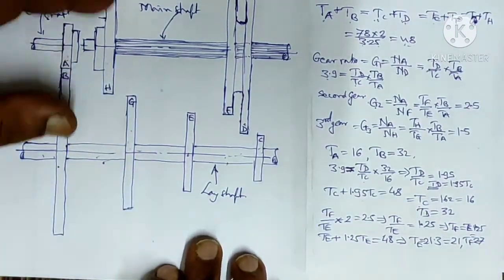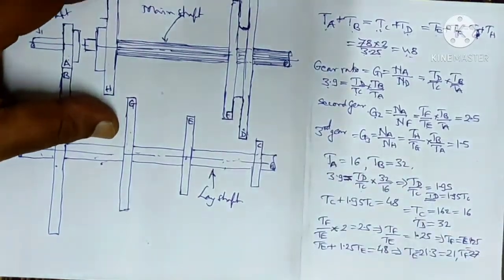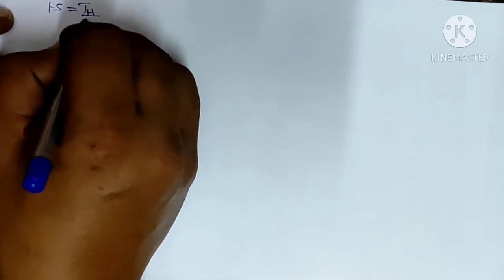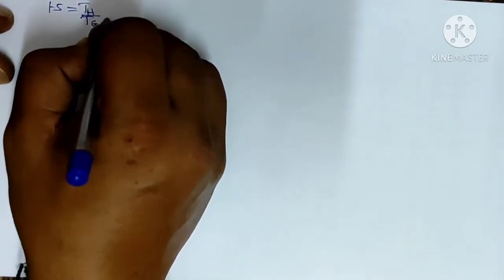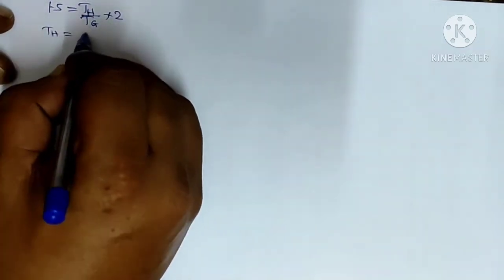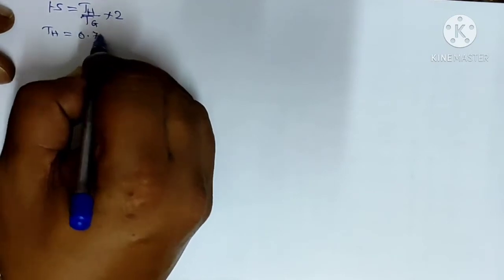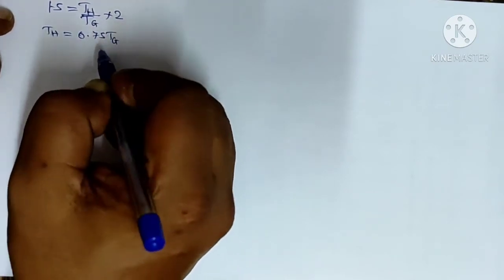Similarly, if we take equation 4, then 1.5 equals TH upon TG into 2, or TH equals 0.75 TG.